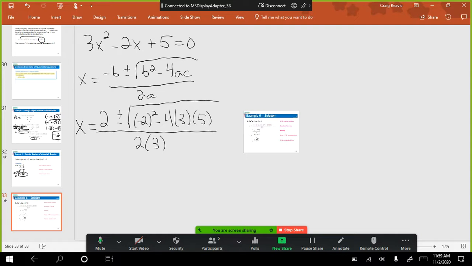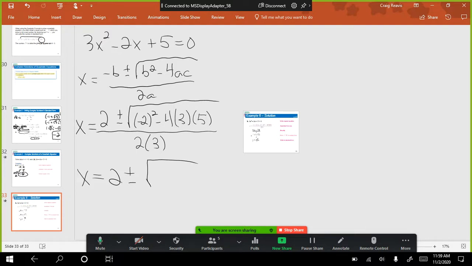Now we can't just punch that in our calculator because if we're looking for an exact answer, we want to leave our answer in square root form. These calculators are going to change these to decimals. So we do have to be able to simplify this down.